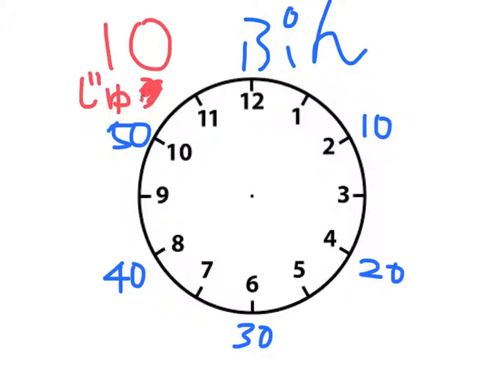Sorry, a shorter sound. So instead of u, we have a small z. So 10 becomes j, 分. 10 minutes 10分, 20 minutes 20分, 30分, 40分, 50分.